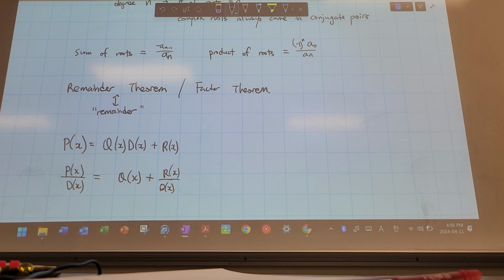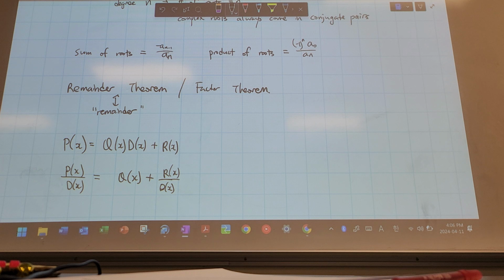Why is this useful? When d of x is 0, that makes that term 0, so p of x is r of x. If you try to divide by a certain factor, then we can find the remainder.